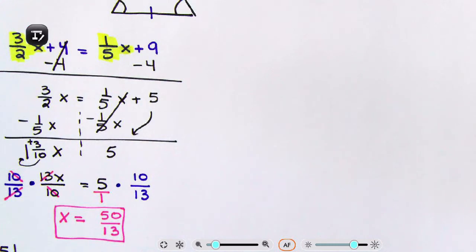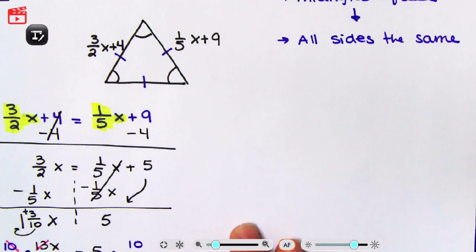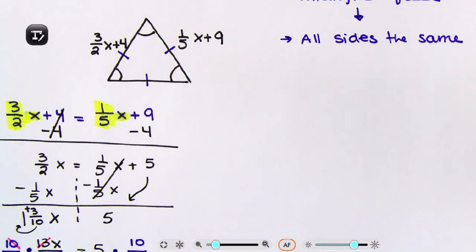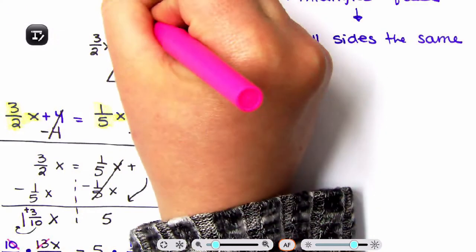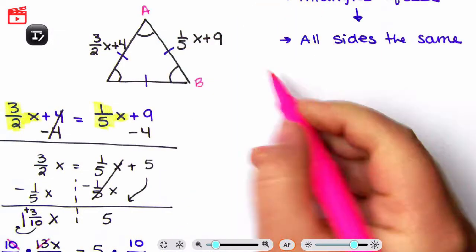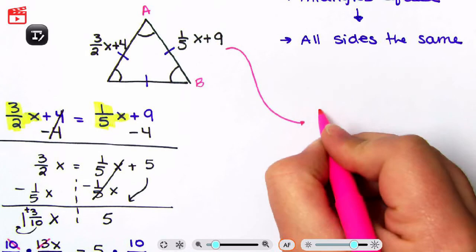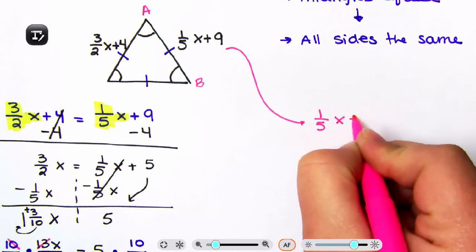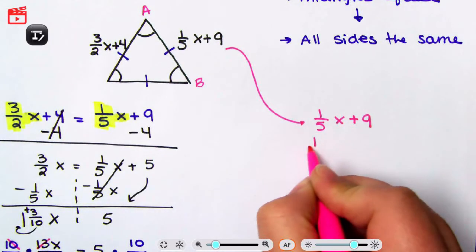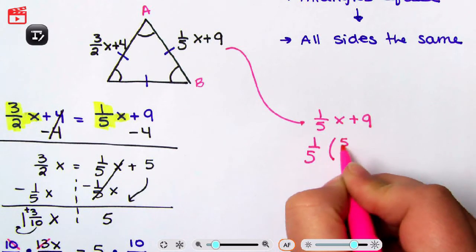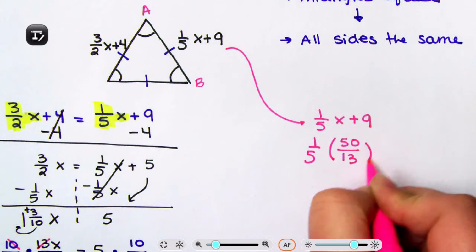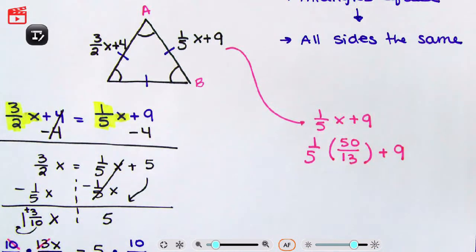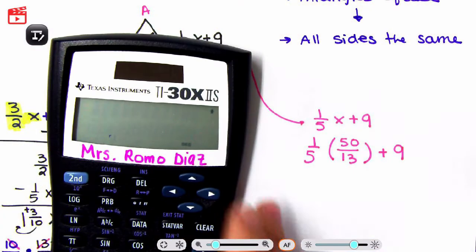Now, which one's AB? I didn't actually label, so let's go ahead and label it right now. Let's say this is AB. If AB is equal to 1/5 x plus 9, that means I'm going to plug in here 50 over 13 plus 9. And I'm going to let the calculator do the thinking for me.